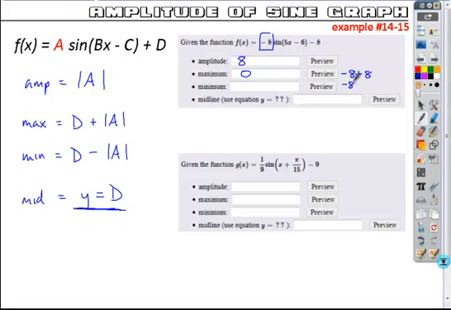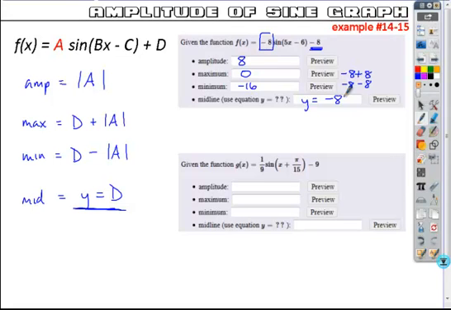And our minimum is going to be negative 8 minus the absolute value of 8, which is negative 16. And then the equation for the midline, again, make sure you include the entire equation to get the full credit. It's y equals whatever this vertical shift is, and that's the midline for your problem.